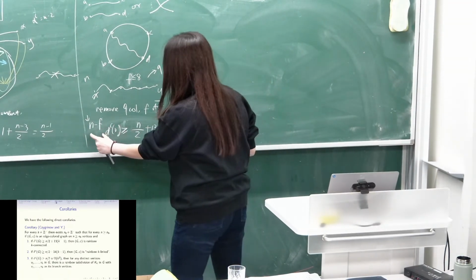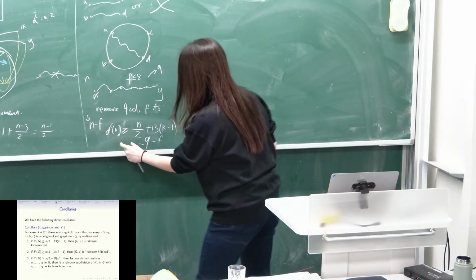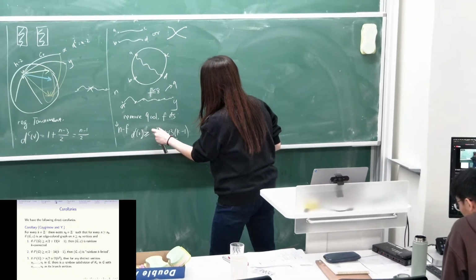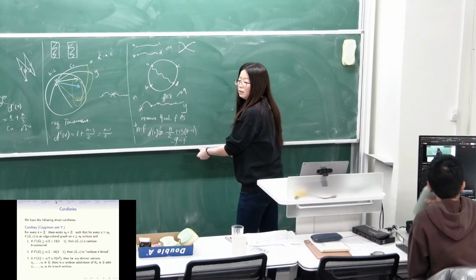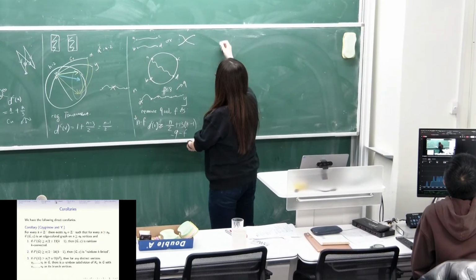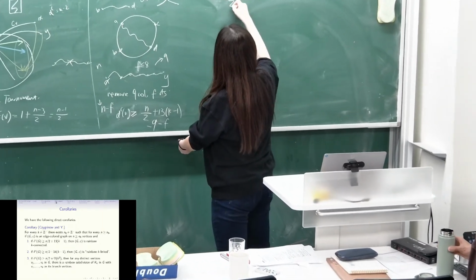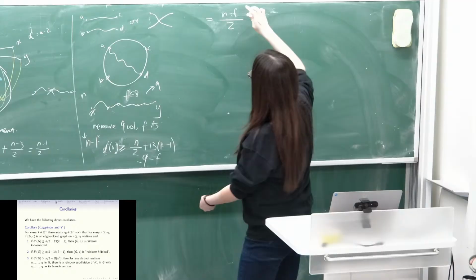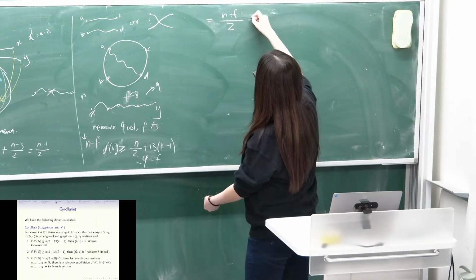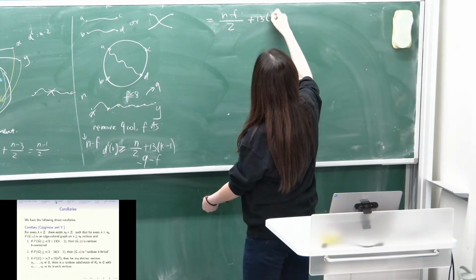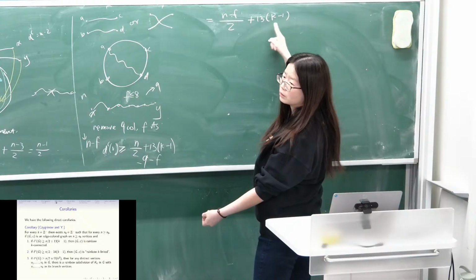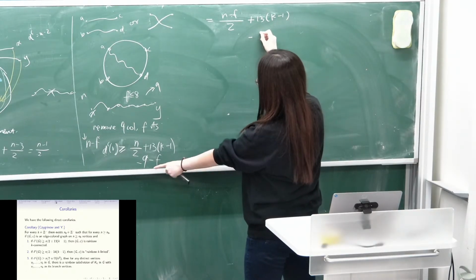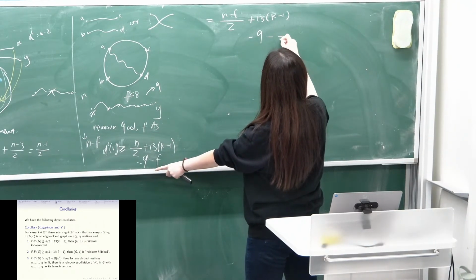But the new n becomes n minus f. So I can rewrite this half of n as half of n minus f plus half of f. So I can rewrite it as half of the number of vertices in the graph plus 13 times the number of iterations I want to do, minus 9 minus half of f.